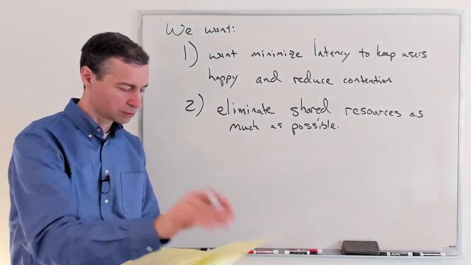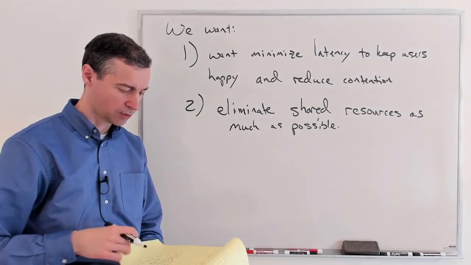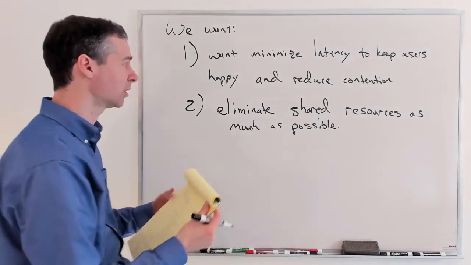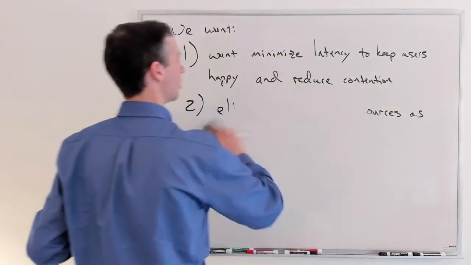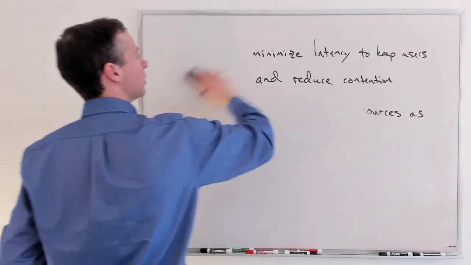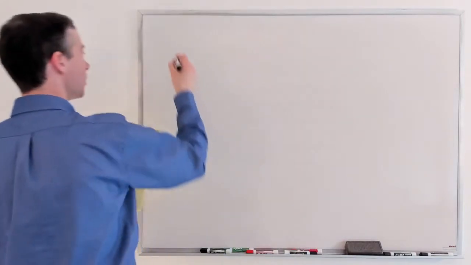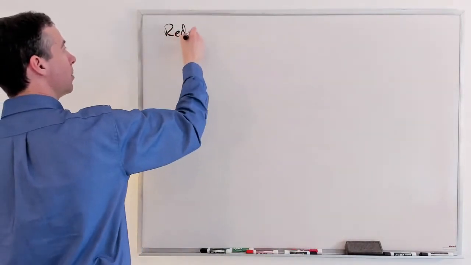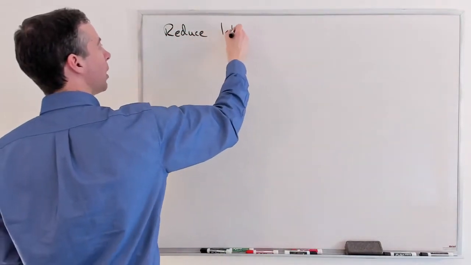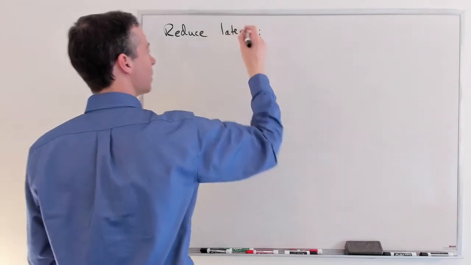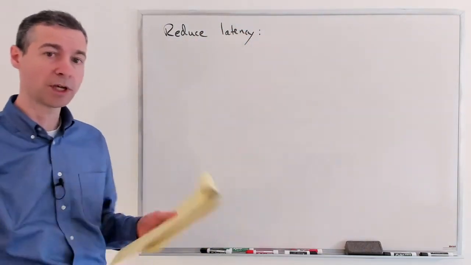So what do we need to think about to take care of the first one? Reducing latency. And this is the most applicable thing to us with our basic web apps. We can deal with reducing latency no matter what scale we're working at.